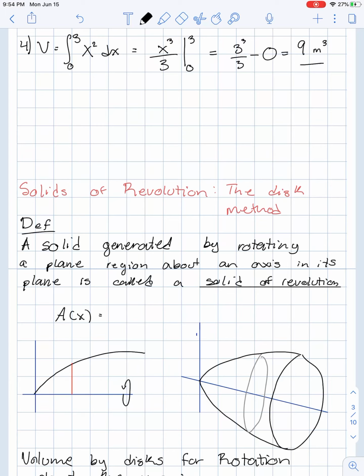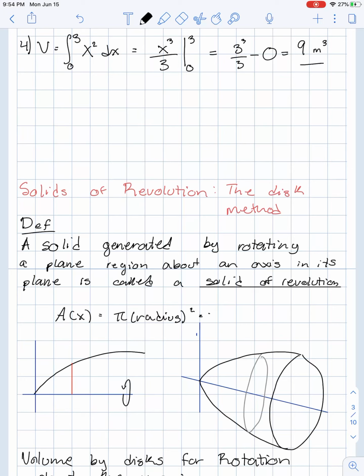So now for my area of cross section, I'm going to take my curve and spin it around. That means my area of cross section is going to be pi times whatever the radius is. Well, I'm taking it from that axis. Radius squared.